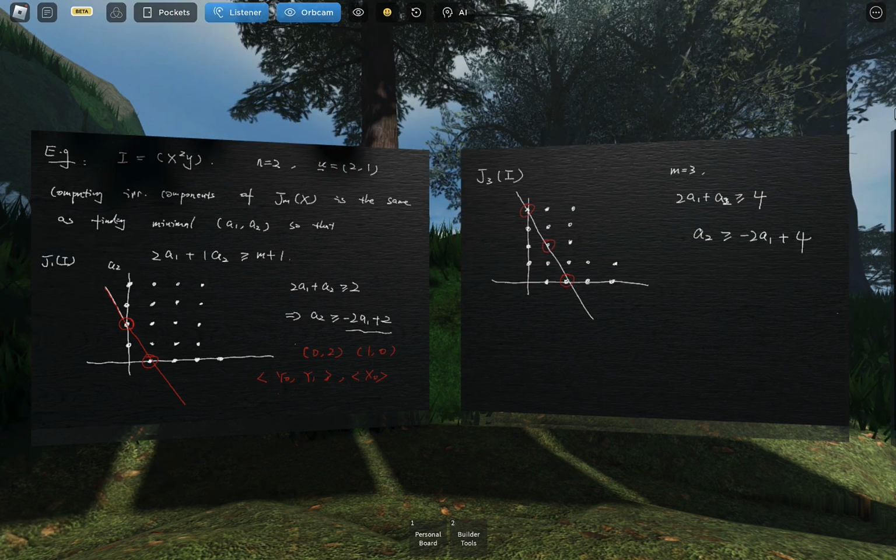Then we can write down the corresponding 3-tuples, which will be (0, 4), (1, 2), and (2, 0). Then we can write down the minimum primes, which will be (y0, y1, y2, y3), (x0, y0, y1), and (x0, x1). As you can see, with this theorem, it's very easy to write down the irreducible components of m-jets over a monomial scheme.